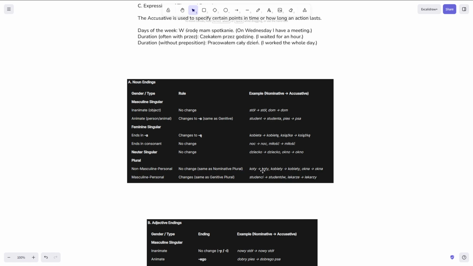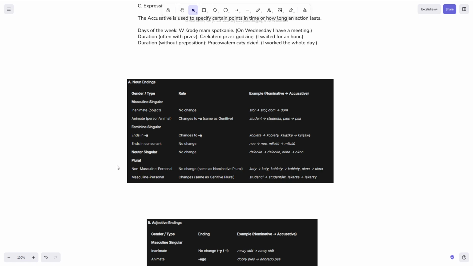So koty is koty in accusative. Then we have women, so feminine plural, it stays the same. Okna, which is neuter plural, stays the same in accusative, okay?